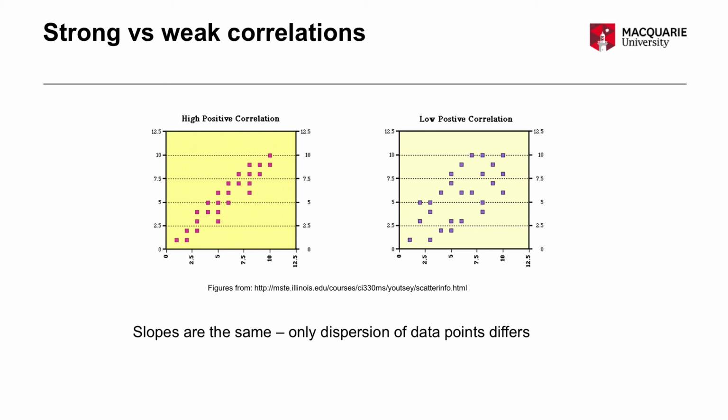It's all about how tightly clustered together the individual data points are, or how much variability in scores there is for any individual value of the variable that's on your x-axis. So it's about how tightly clustered together your points are compared to how spread apart your points are around that imaginary straight line that goes through the bulk of your points, called the line of best fit.